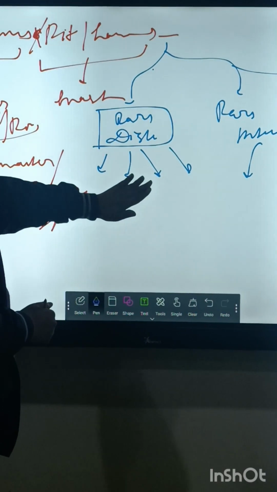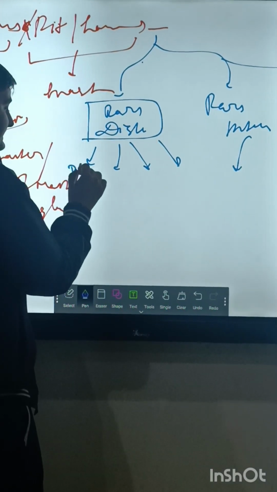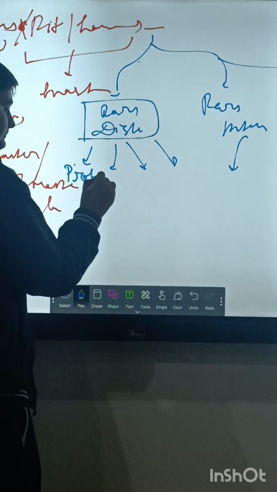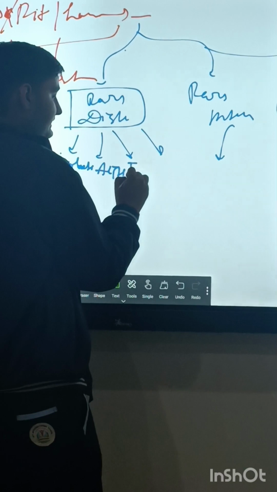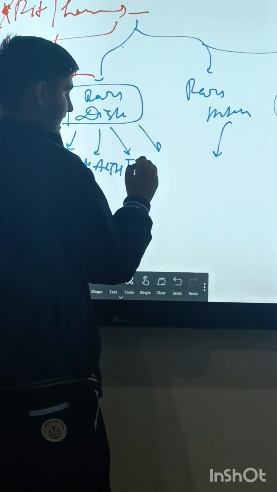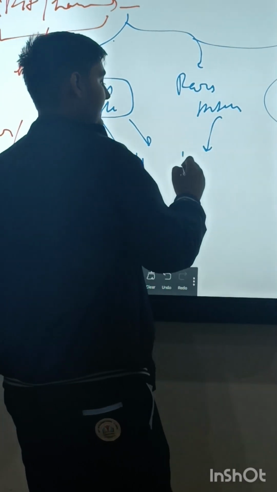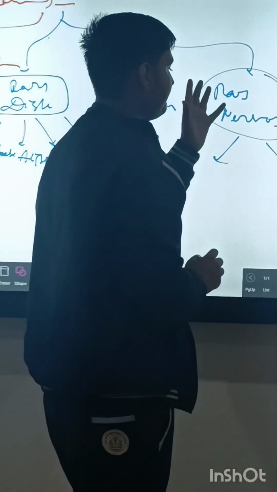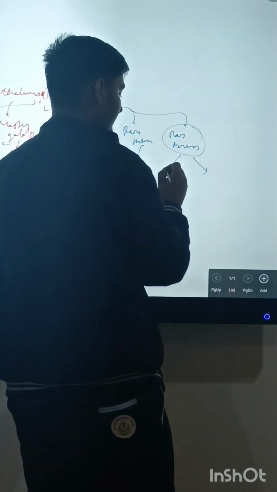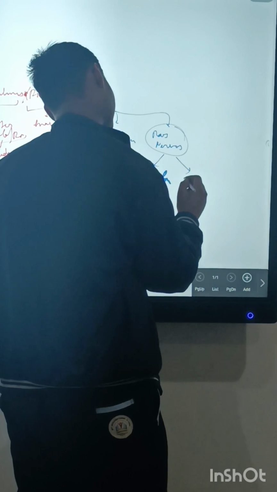Firstly, we discuss the hormones of pars distalis. It releases prolactin, ACTH, and others, and pars nervosa secretes oxytocin.